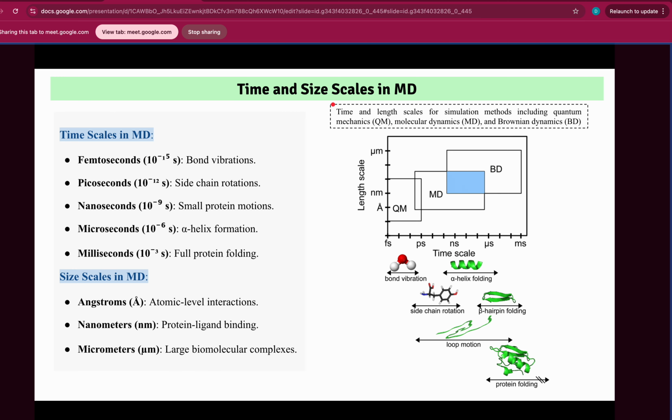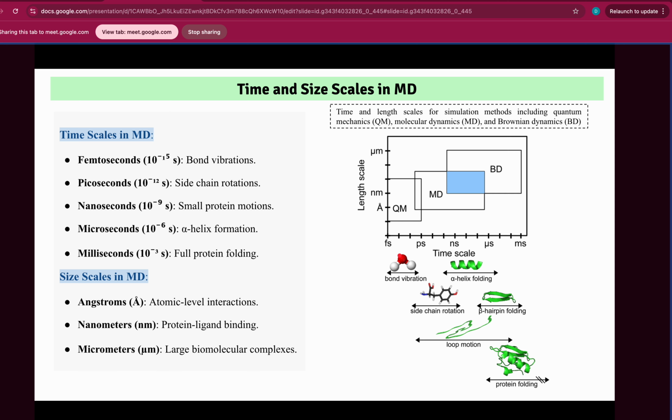Now we'll talk about time and size scales in MD simulations. This is the time scale on the x-axis, and on the y-axis we have the length scale. If we talk about bond vibration, it takes place between femtoseconds and picoseconds.